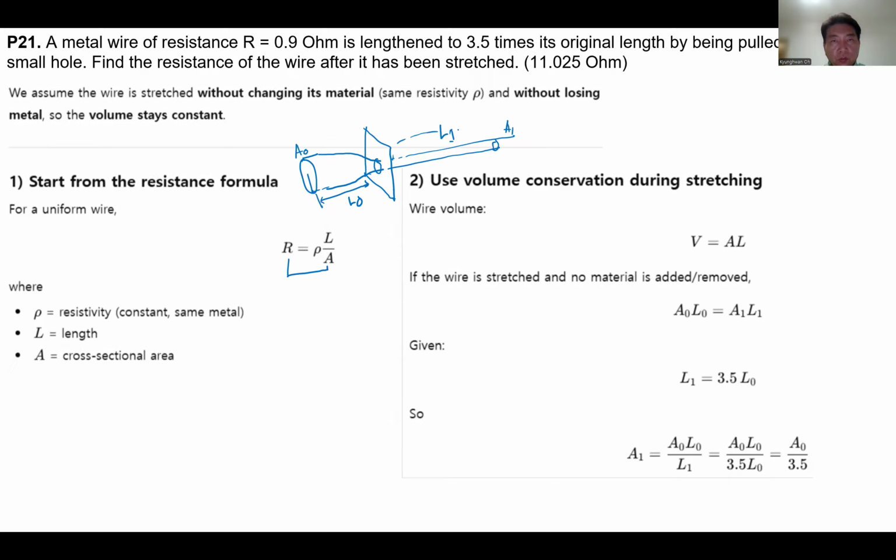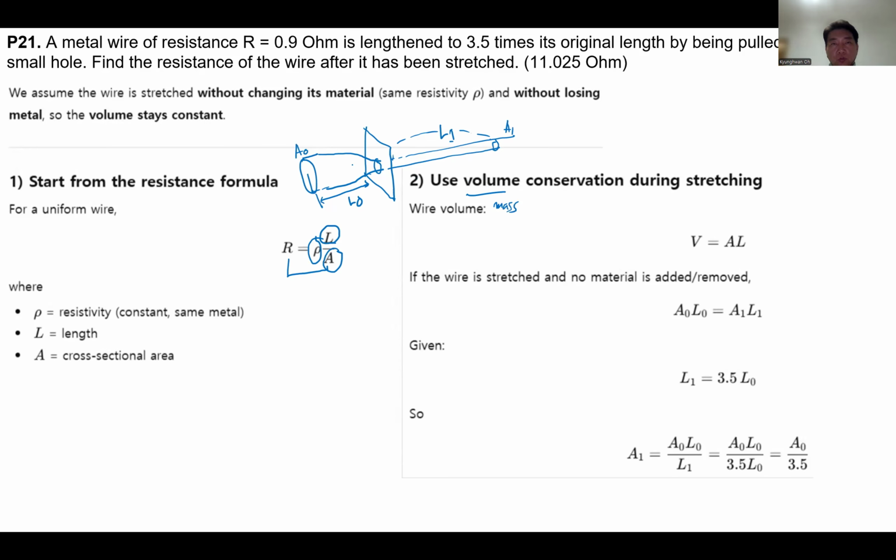Okay? So that's the situation. That means the material property, rho, did not change at all, but its structural parameters, length and area, are changed. And how they change, remember the volume conservation or mass conservation.